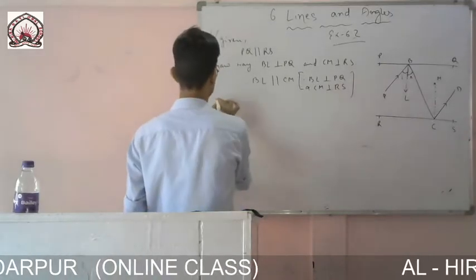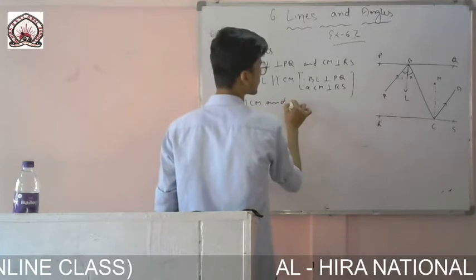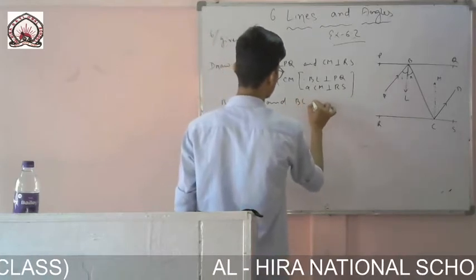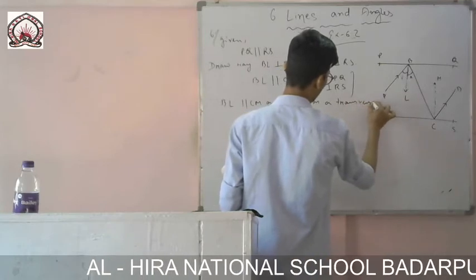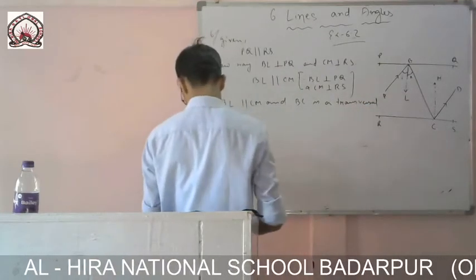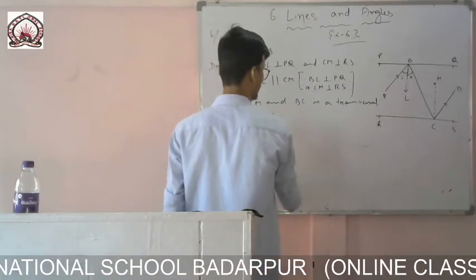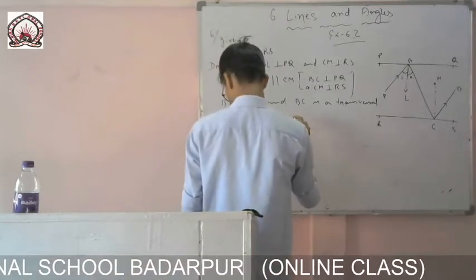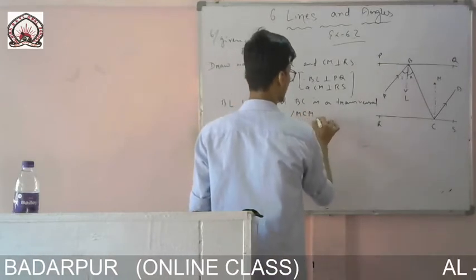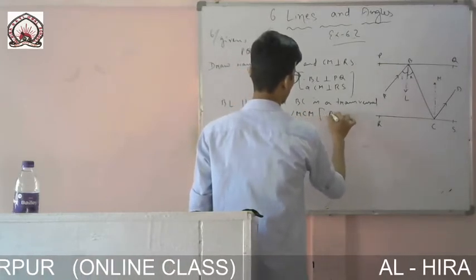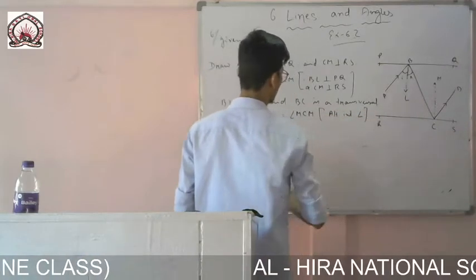So you write: since BL is parallel to CM and BC is a transversal, angle LBC will be equal to angle MCB, and in brackets you write alternate interior angles.